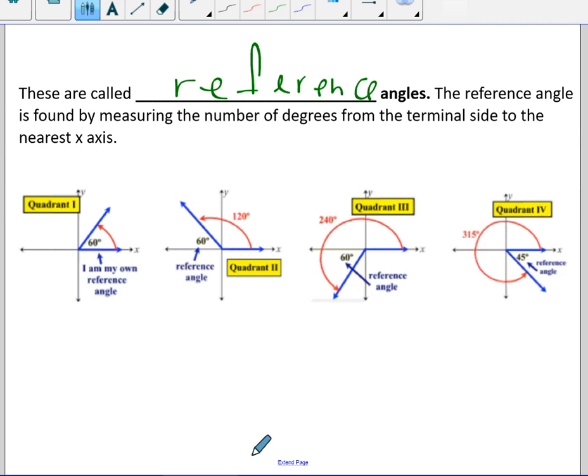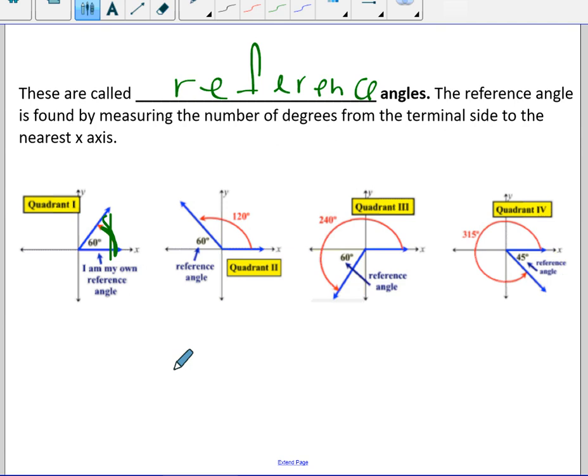The reference angle is the measure you get when you measure the number of degrees from the terminal side of any angle to its nearest x-axis. So if we look at 60 degrees, which is that first angle that we found the sine of, it's its own reference angle because the closest x-axis to that terminal ray is right here, and so we're just taking the measure from the initial ray to the terminal ray.